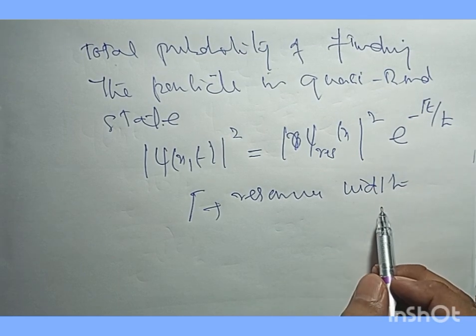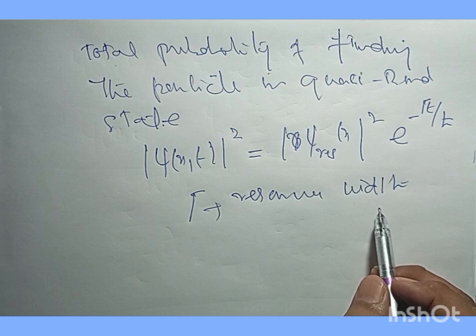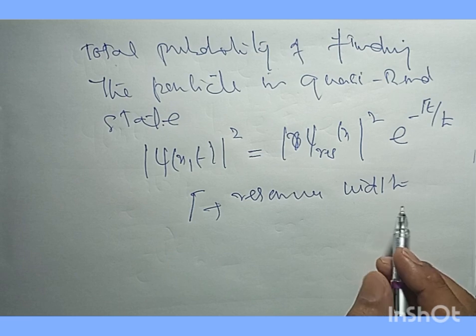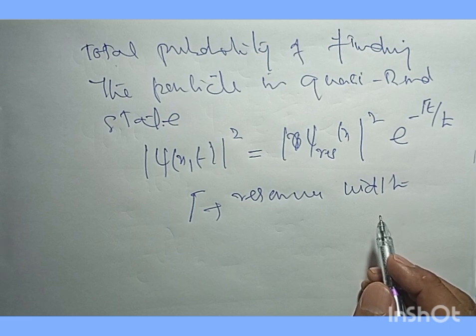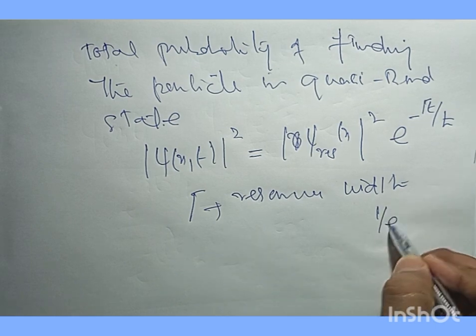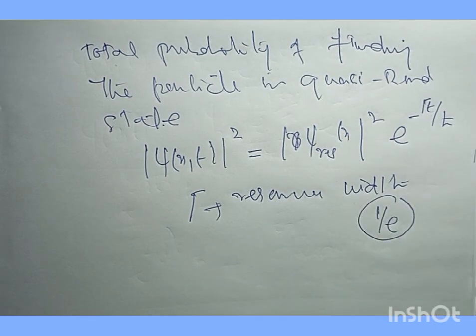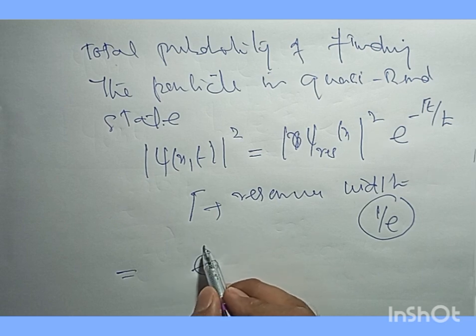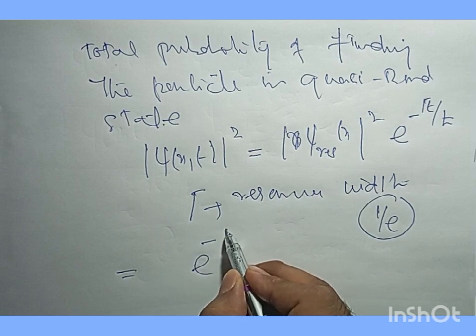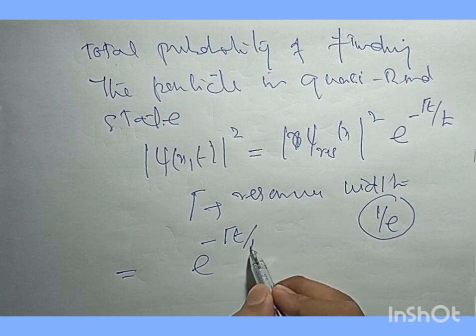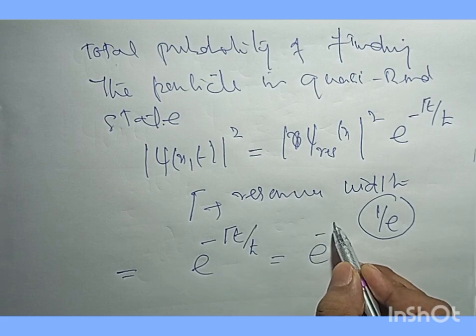Now, to relate this resonant state, we note that the lifetime is the time it takes for the probability to decrease by a factor of 1 by e. So in that case, e to the power of minus resonance width t by h bar is equal to e to the power of minus 1.